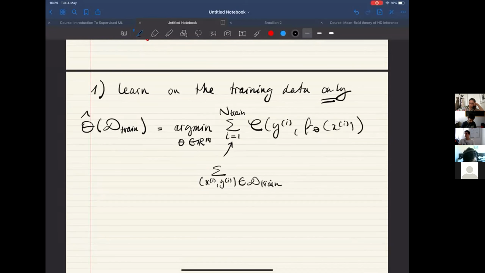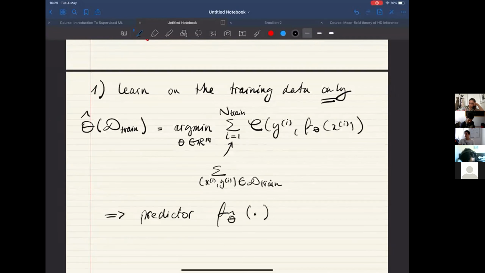All right, and once you've done that, you obtain, again, the predictor, which is our f of theta hat, which is a function indirectly of the training data that was used. What does it mean?